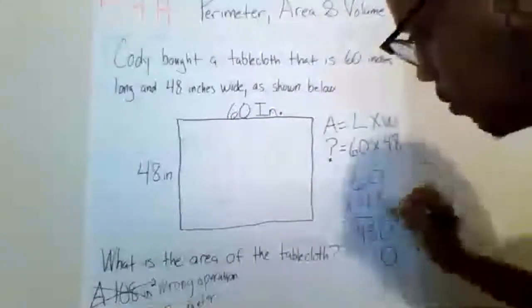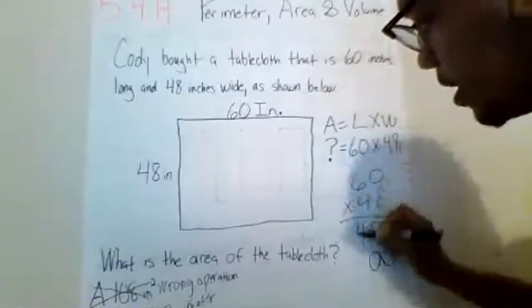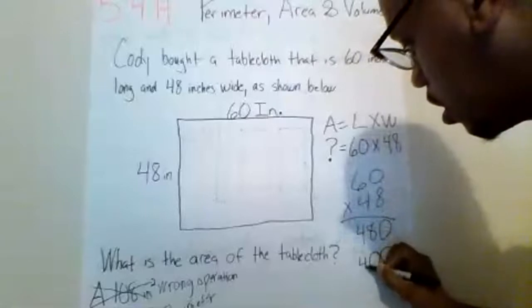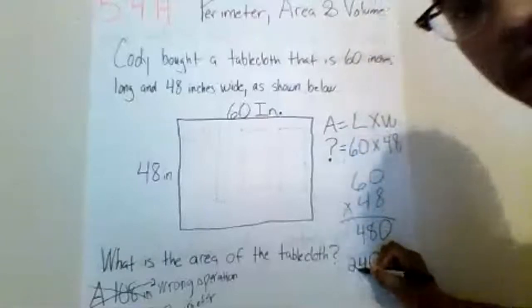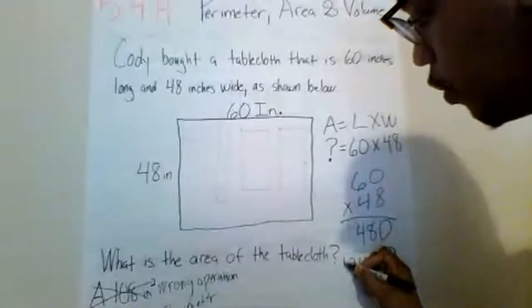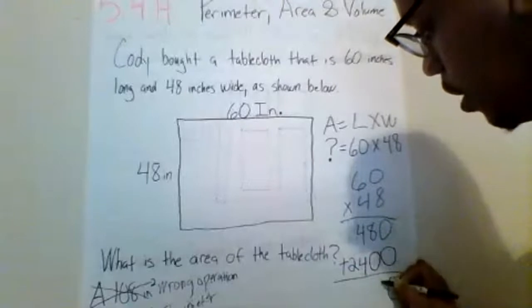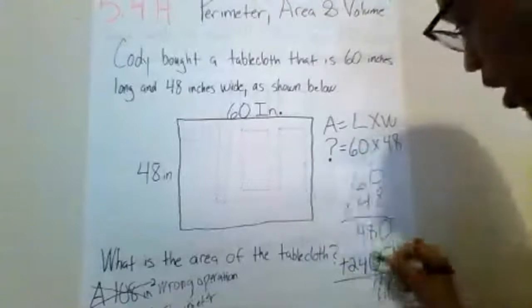So now 4 times 0 is 0, and 4 times 6 is 24. So my first partial product is 480. My second one is 2,400. I add them up. That's 0. That's 8. That's 8.